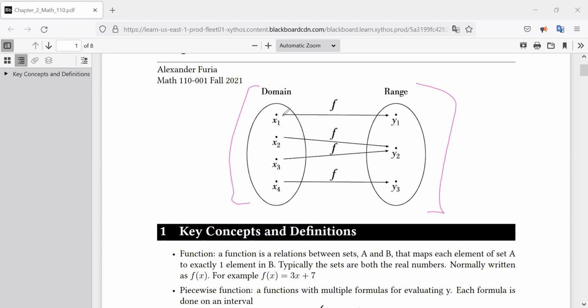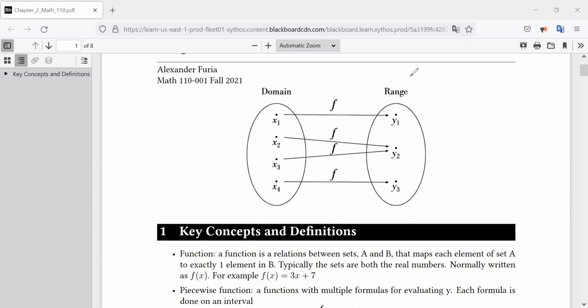So this is good because x1 gets mapped to only one thing, x2 gets mapped to only one thing, x3 gets mapped to only one thing, x4 gets mapped to only one thing. But if I were to have this, then that's no good. Or if I were to look at the inverse image of this, then I would have y2 mapped to both of these guys, which would also not be good.